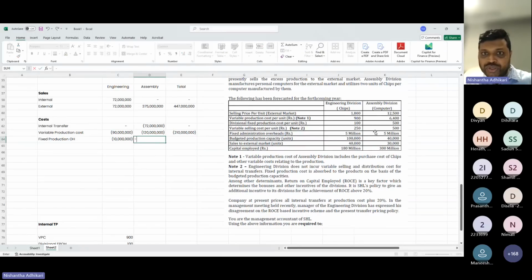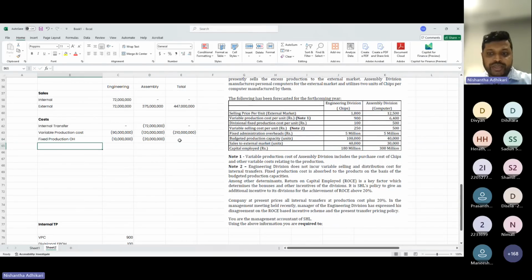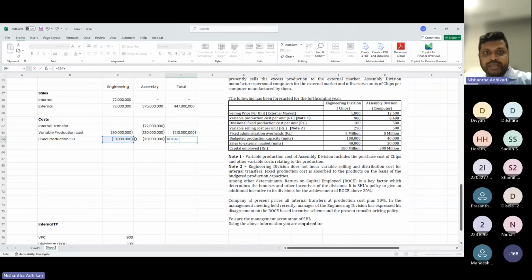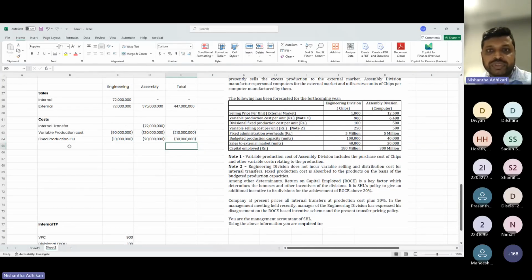Assembly division, it is 500 into capacity of 40,000 units, 20 million. Altogether, it will be 30 million.